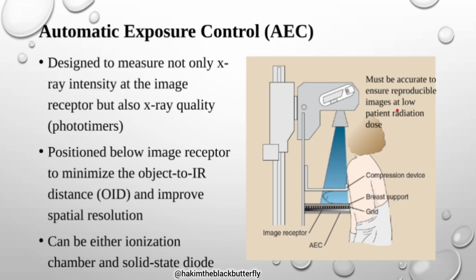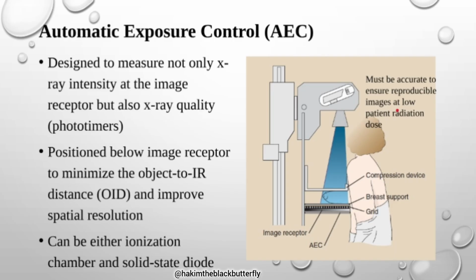So the automatic exposure control is a device that terminates exposure when the desired amount of radiation has reached the image receptor. If the system has automatic exposure control, that means it can limit you on some of the factors that you can feed into the machine. Most of the things it is going to do automatically on its own.